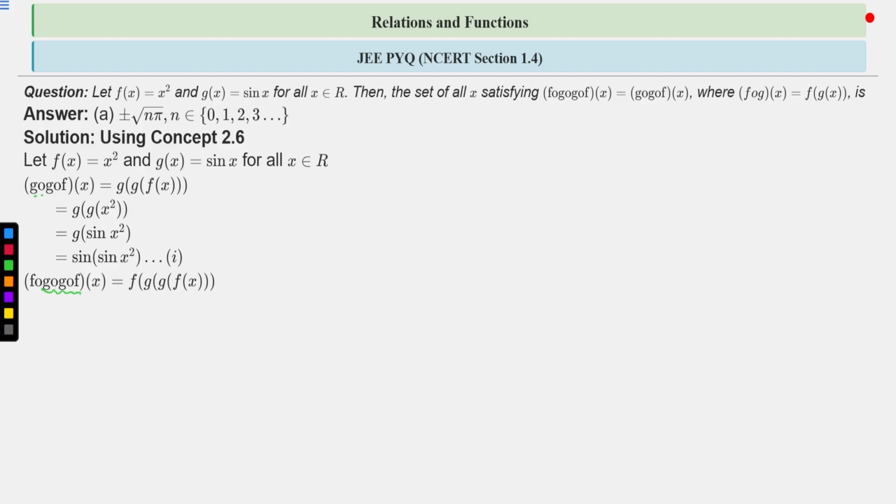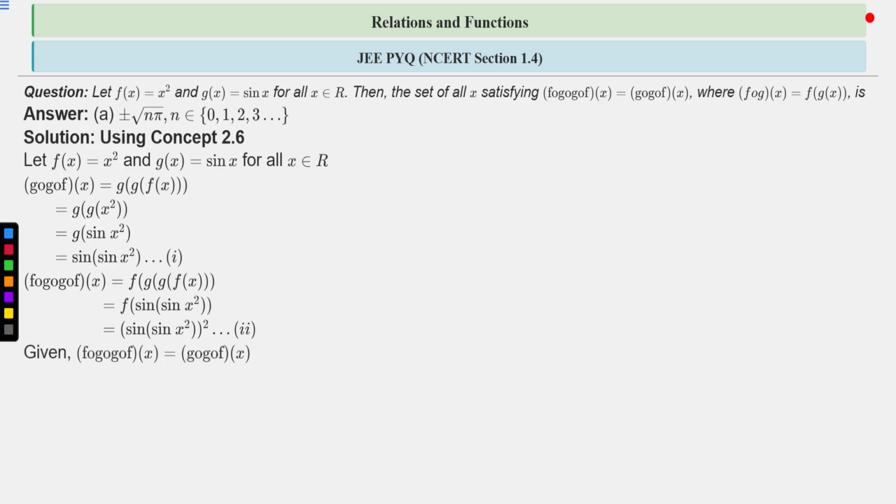Now we have to find f of gof, which will be f of sine of sine x square. So you can easily write it as sine of sine x square, whole square. Let us assume this as equation 2.